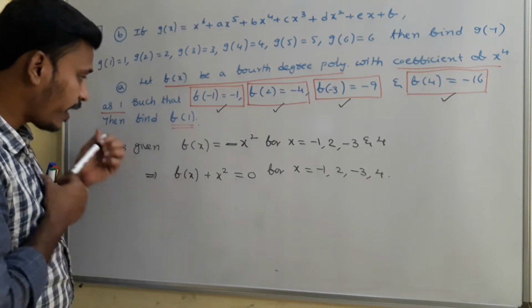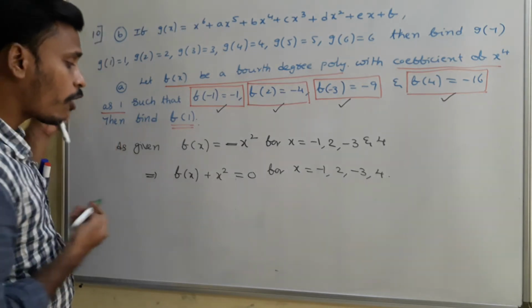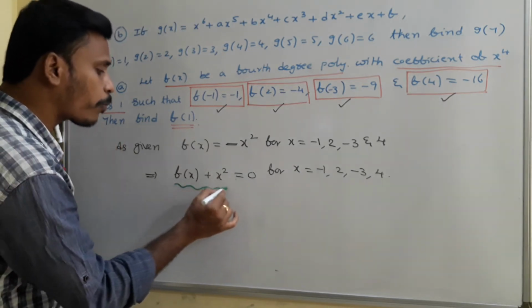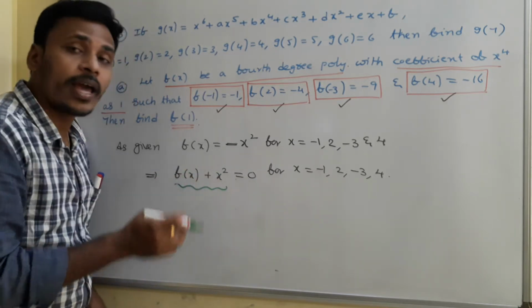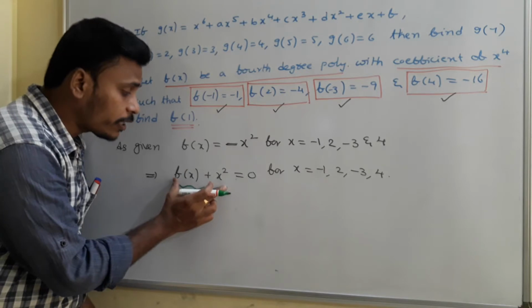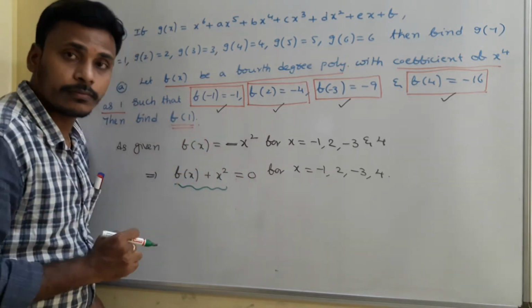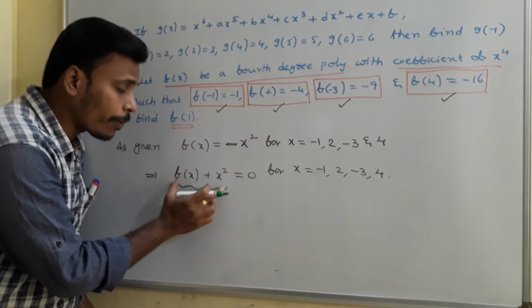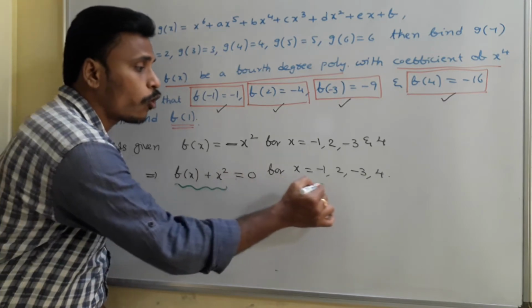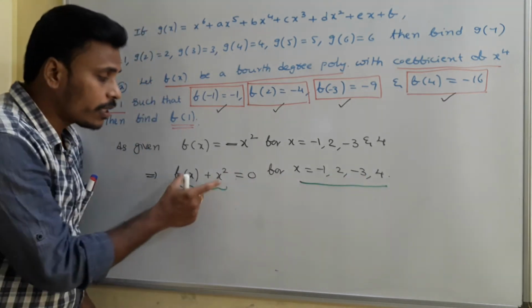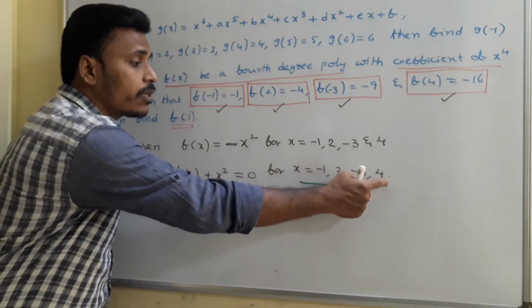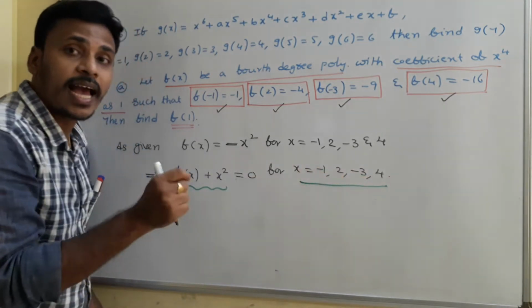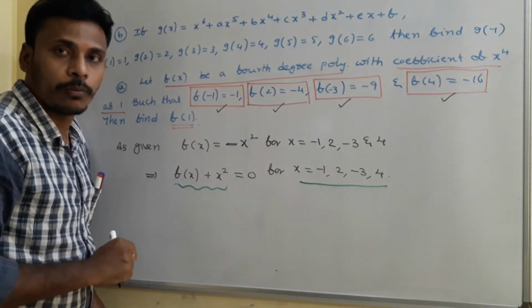You just take the sum of f(x) and x square as some other polynomial. Since this polynomial is 0 at these four numbers, we call these four numbers zeros of the polynomial.